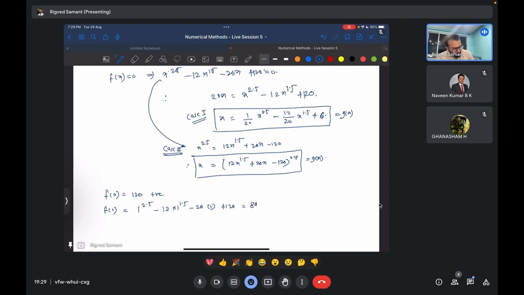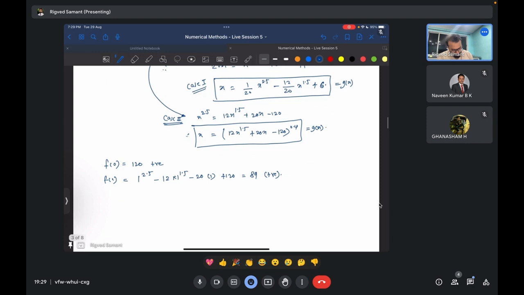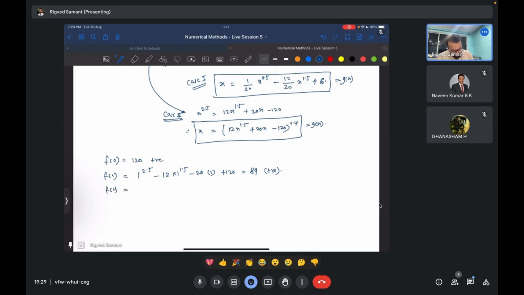It will come out to be 89, so this is positive again. f of 2 would be 2 raised to 2.5 minus 12 into 2 raised to 1.5 minus 20 into 2 plus 120. This value comes out to be 51.71, again positive. So you know the drill. Now f of 3, if you put 3 into it, you will get 13.23.